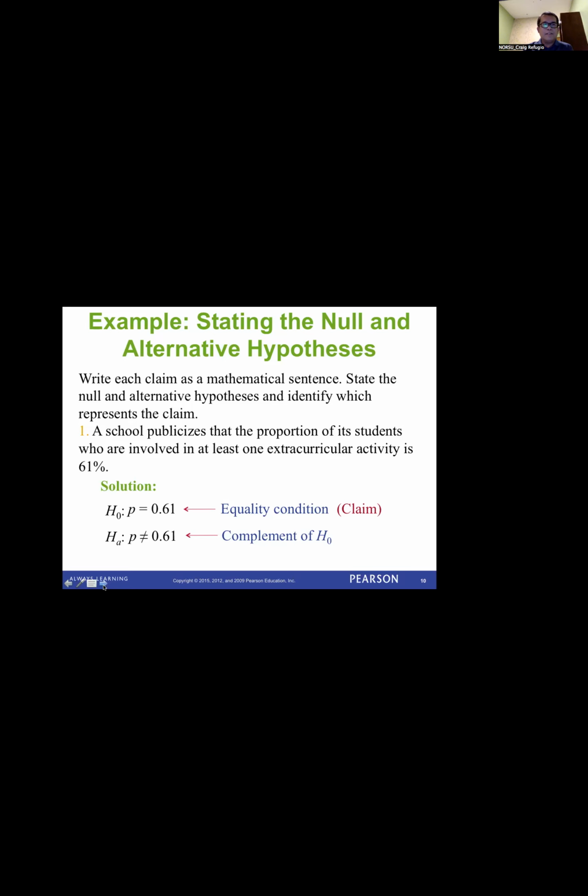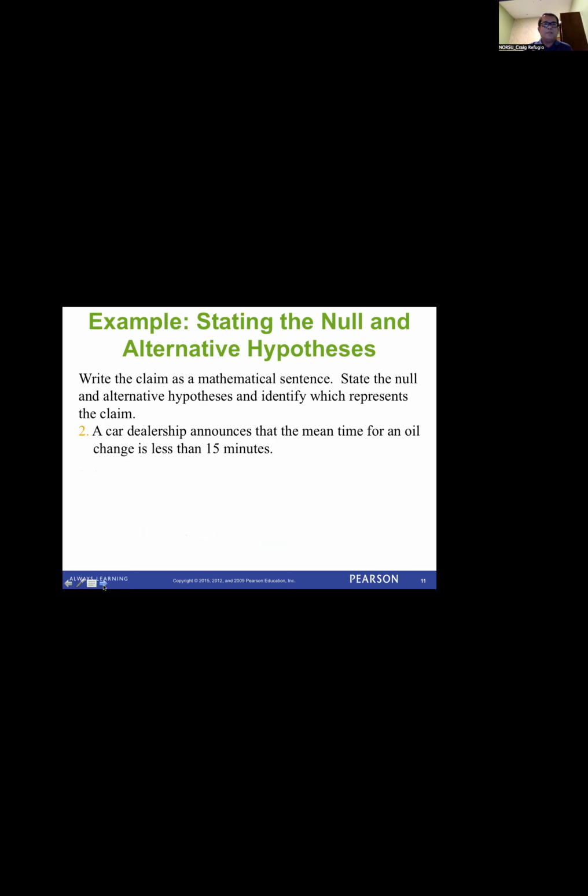Okay, so if there is none, I go to the next example. So again, you are going to identify the null, the alternative, and identify which represents the claim. So a car dealership announces that the mean time for an oil change is less than 15 minutes.